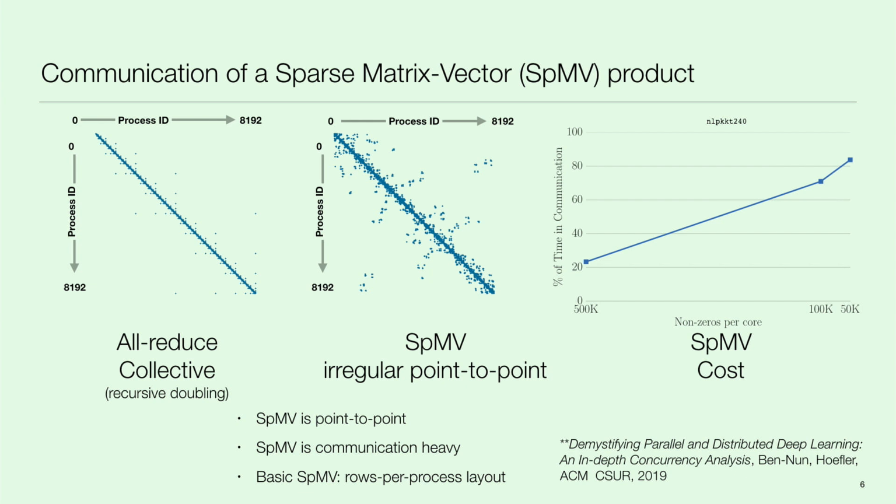In contrast, there's an all-reduce collective on the far left, using recursive doubling in this case, and we can see that the involvement of processors is much different. Moreover, if we do a strong scaling case, this SpMV becomes more and more dominated by communication. There's a great paper by Ben-Nun and Hoefler on collectives in a deep learning setting, and it's a great read.